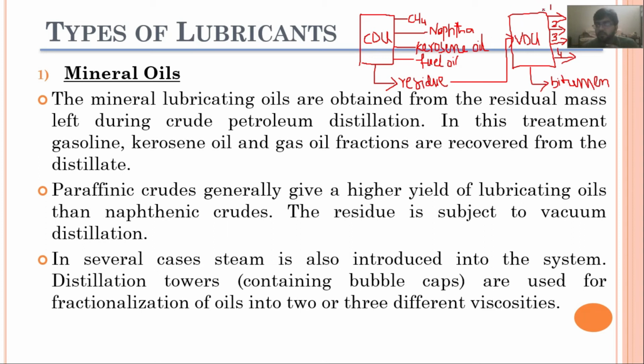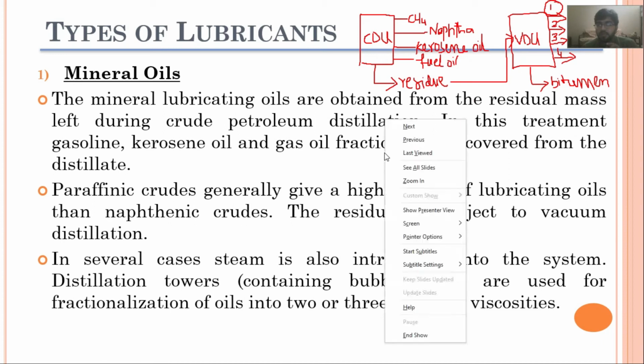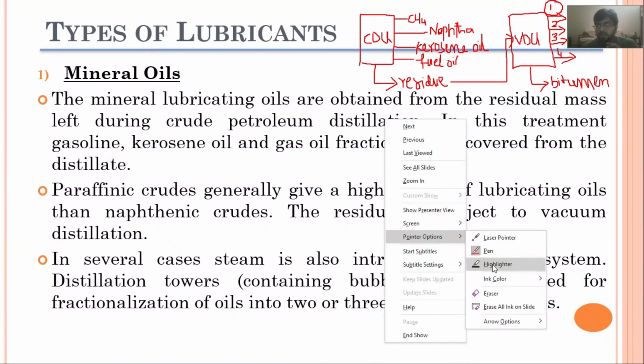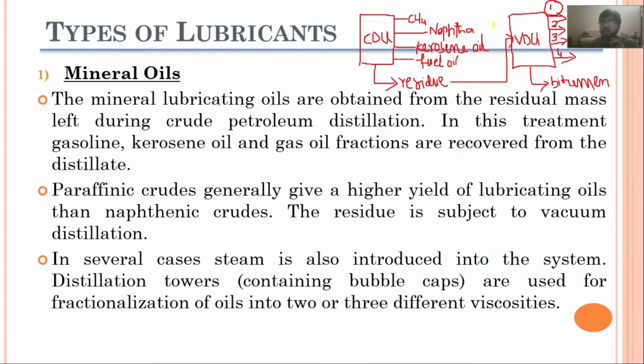So if we are talking about these grades which are being obtained after the vacuum distillation unit, these lubricants are called mineral oils, and we do not have any other additives in it.